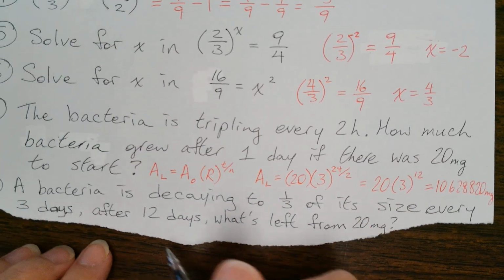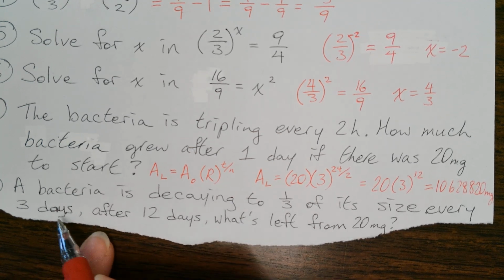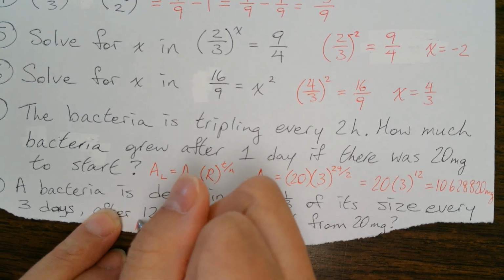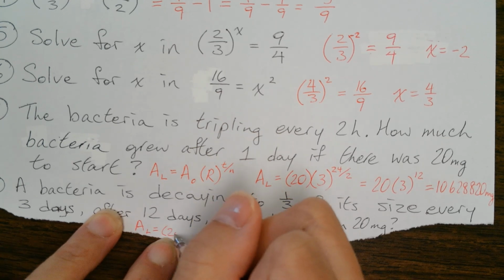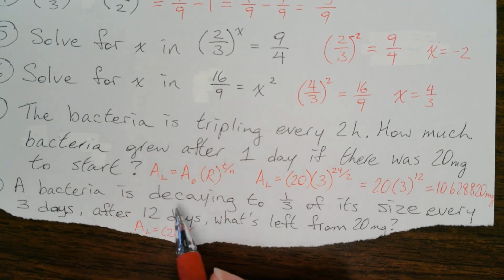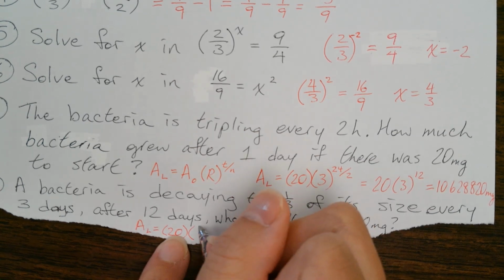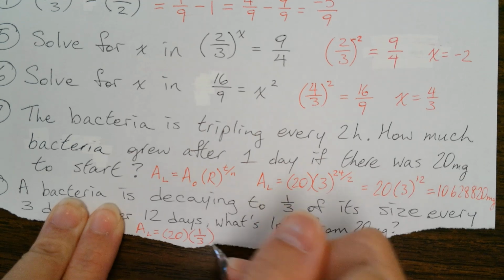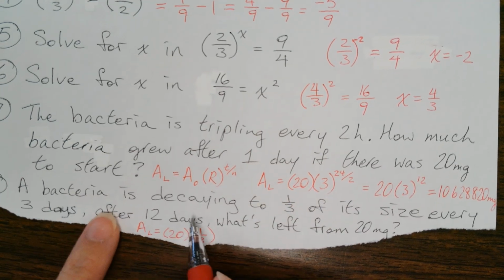Okay, and then the last one right here. A bacteria is decaying to a third of its size every 3 days. After 12 days, what's left from 20 grams? So same formula, A equals your initial amount, 20. Your rate is a third because it's decaying a third. 3 days, after 12 days.